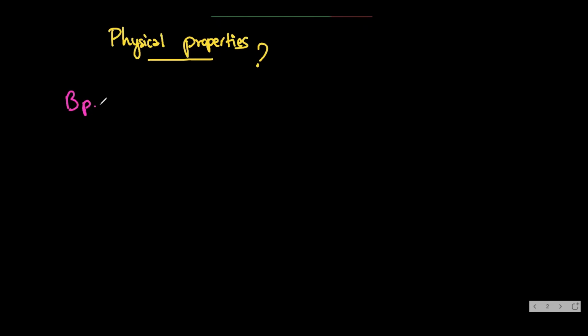Boiling point is something that completely depends on intermolecular forces of attraction. Let me write the full form of it. Intermolecular forces. Now, if you have studied the chapter on bonding, covalent bonding and ionic bonding, you'd know intermolecular forces of attraction in pretty good detail.